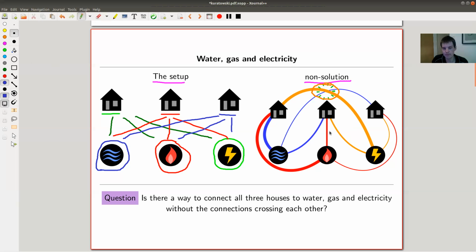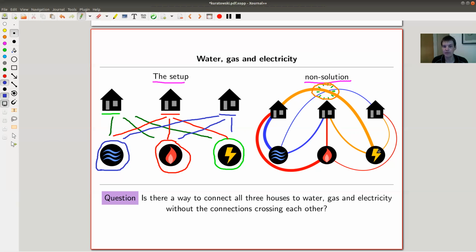And it was already a bit fancier. As you can see, they are not using straight lines, but they're using those curved lines, and they try to go around and everything. So yeah, if you try around a little bit, you probably will convince yourself very quickly, and I'm spoiling now the answer, that you can't.